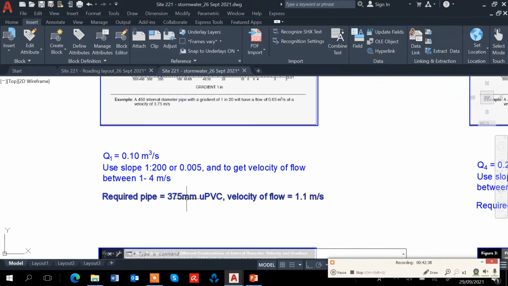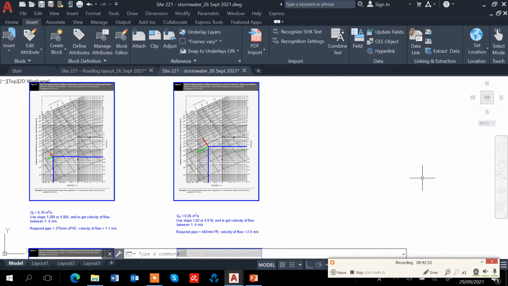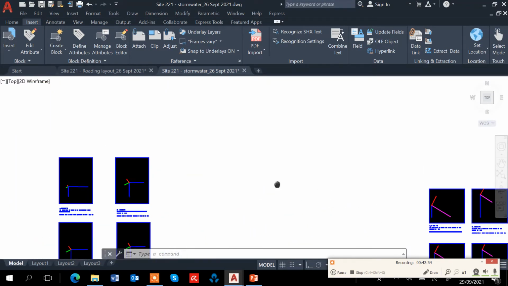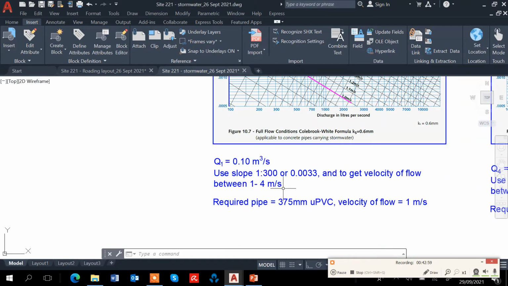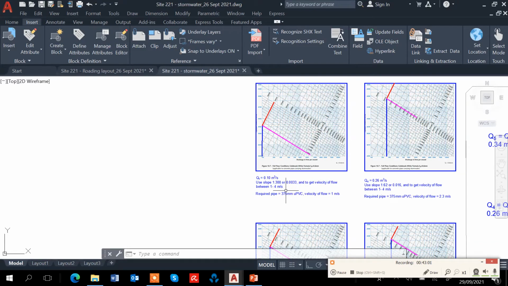Remember the UPVC pipe, the maximum size that we can use is 375. So we choose 375 UPVC pipe, velocity of flow is 0.11. The same one I did with the Colebrook-White, actually I use 1 in 300.